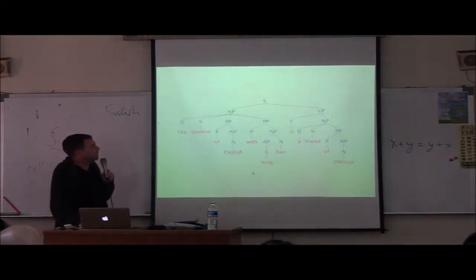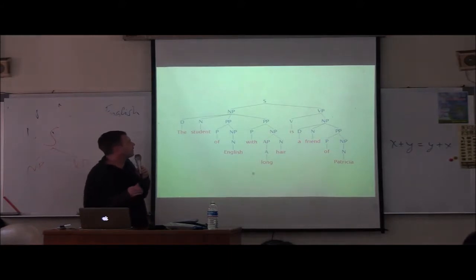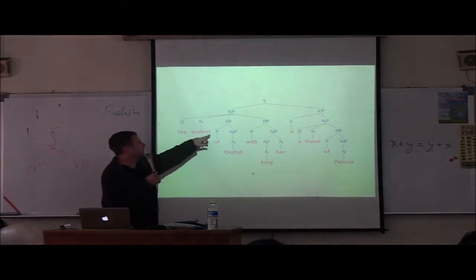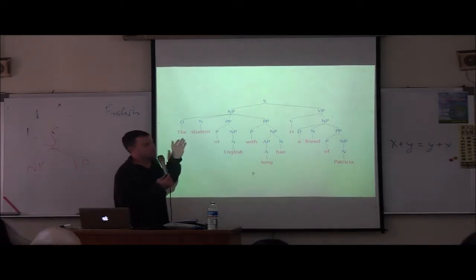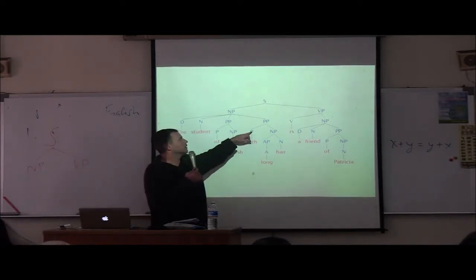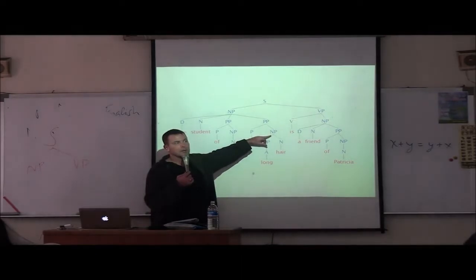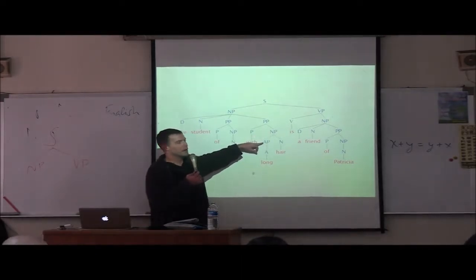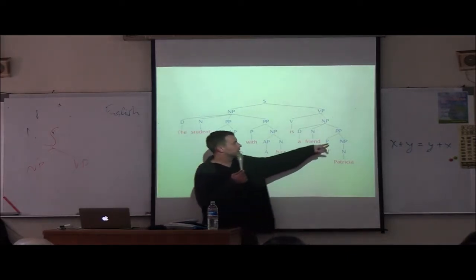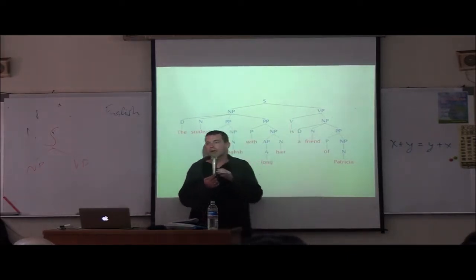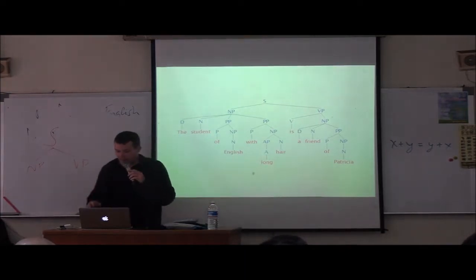Of English and with long hair are obviously PPs. The first one consists of a P followed by an NP, as does the second one. With long hair has an NP that's modified by an AP. And then of Patricia is a PP made of a P followed by an NP.